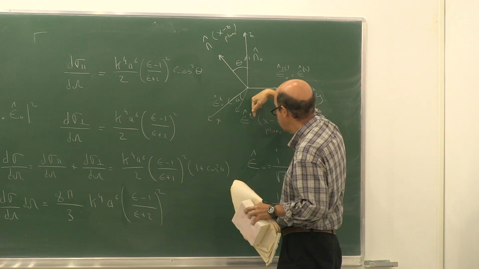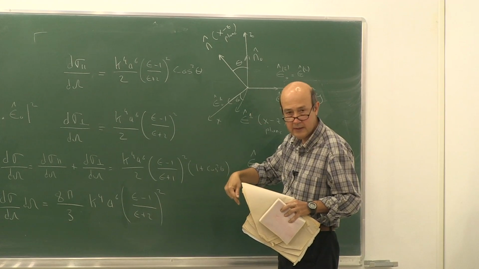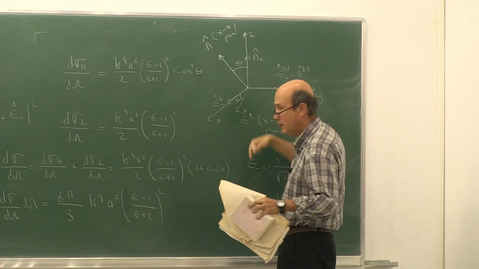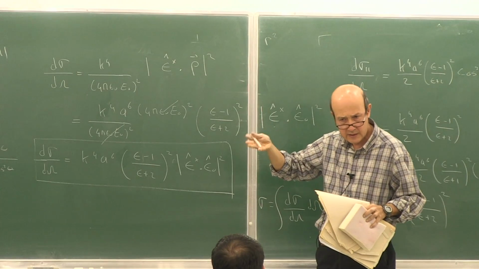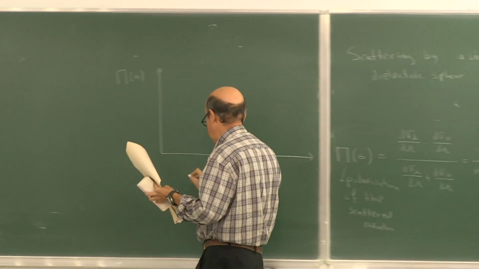When the angle is 180 for the backward reflection or scattering, cosine 180 is minus 1. So let us plot this in this way.